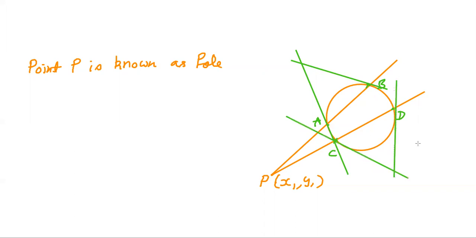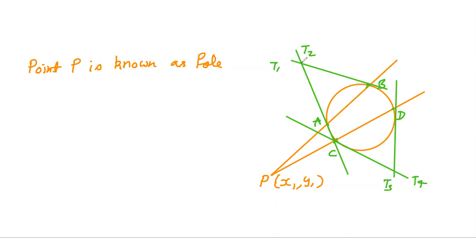Okay, these are the tangents. We draw all these lines. You see the tangents. So tangent 1, tangent 2, this is tangent 3, this tangent 4.